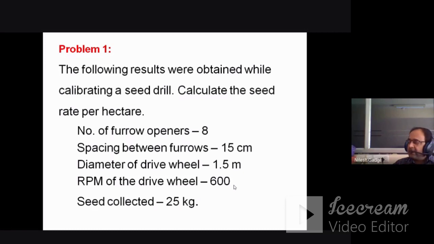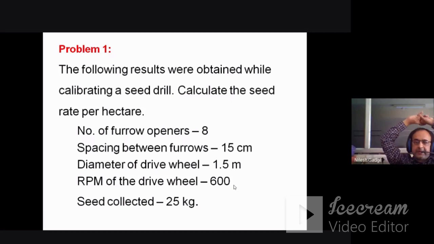Have you written the example? The following results were obtained while calibrating a seed drill.